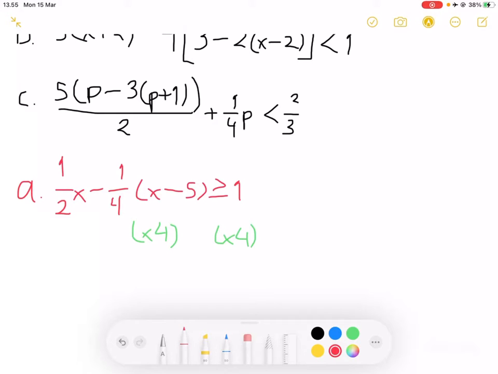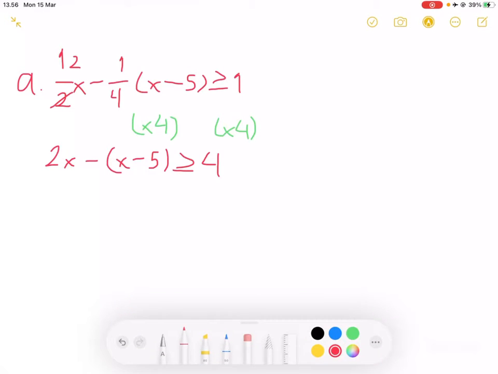When you multiply by 4, this 2 and this 4 will cancel, leaving us with 2 on the numerator, so it will be 2x. And then a quarter times 4 will cancel out nicely, so we have in brackets x minus 5. Don't forget to keep the brackets when you're doing decimal stuff. And of course 1 times 4 is just 4.